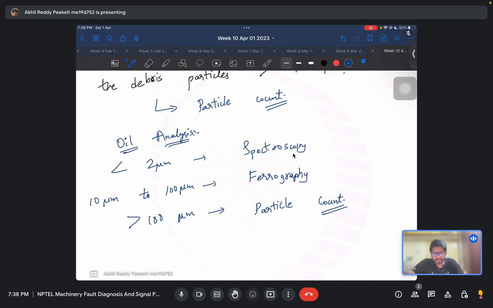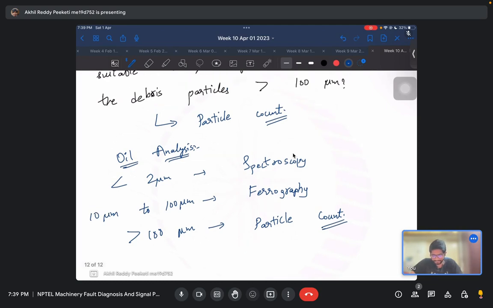All these advantages come because of the presence of oil, and by analyzing that oil you can also characterize what kind of faults or what kind of wear and tear happened. For that oil analysis, if the particles are less than 2 microns, you do spectroscopy. For 10 to 100 you use ferrography, and if they are larger than 100 you can do particle count.